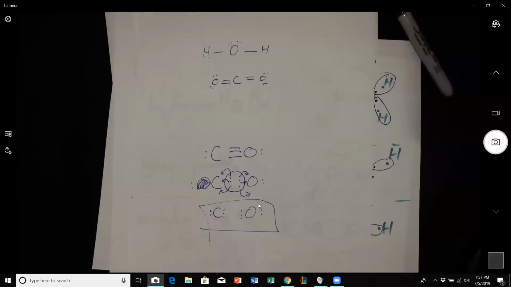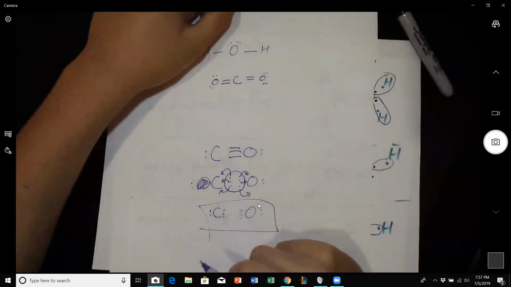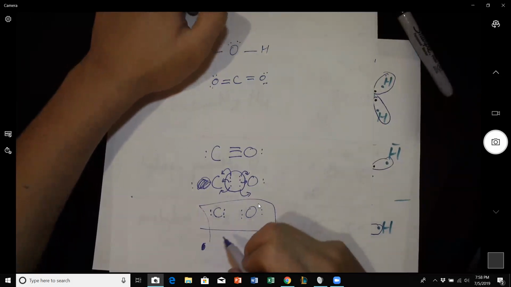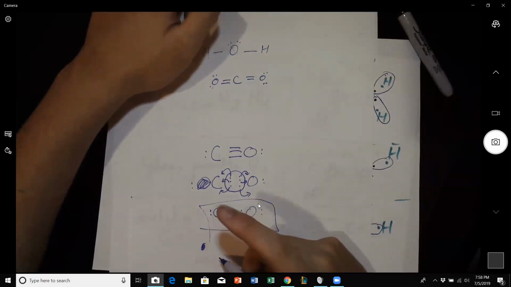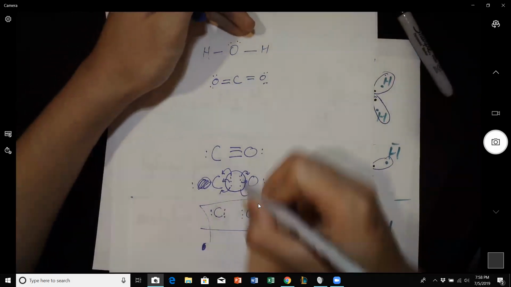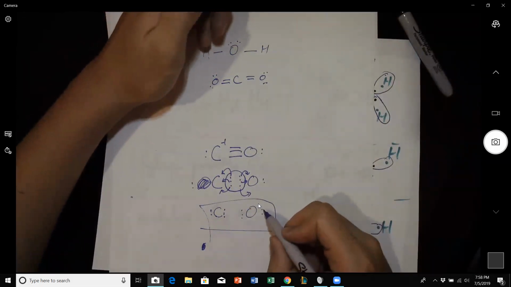Remember that a neutral carbon atom has 4 valence electrons. Here our carbon atom has 1, 2, 3, 4, 5 electrons. So that means it has 1 extra electron, which gives it a 1 minus charge because electrons are negative, right? So we can write a -1 here. What about this oxygen atom?